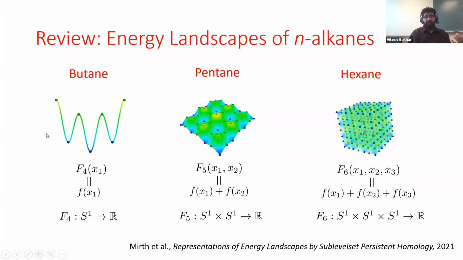For butane, because there's only one dihedral angle that matters, you get a function from the circle to R. For pentane, because you have two variables, you get a function from a 2-torus to R, and for hexane you get a function from a 3-torus to R. So because we're dealing with product spaces, there's a good chance that we're going to see something Kunneth-ish.